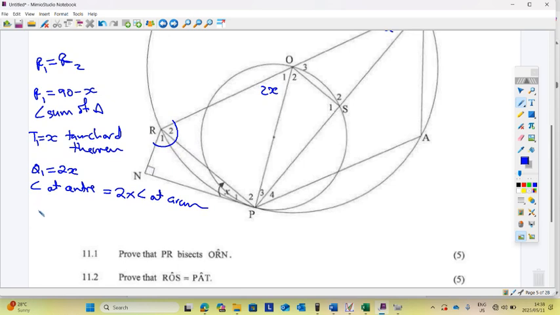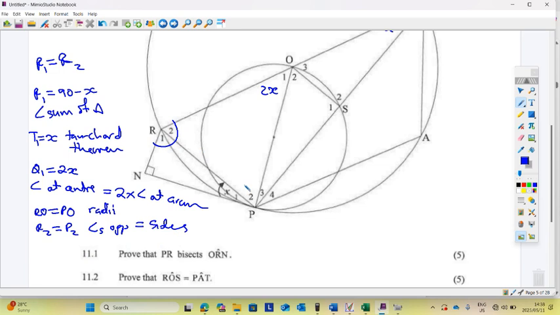So we are saying RO is equal to PO, and that is radius. And then from there, it follows that R2 is equal to P2, and this is angles opposite equal sides.